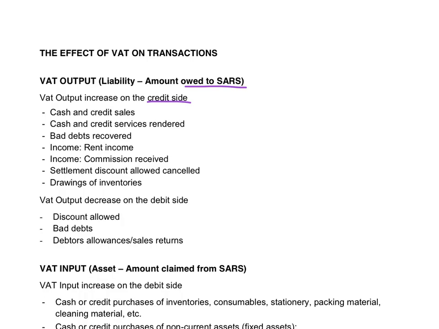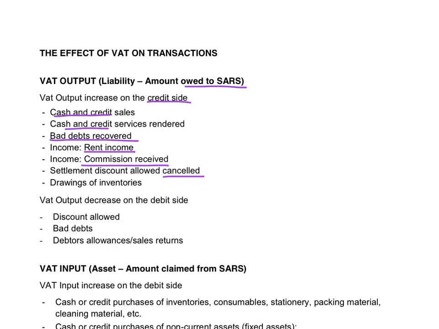The VAT output account will be credited when we sell goods for cash or credit, when we render services for cash or credit, when we recover bad debts because we wrote them off previously and now the people pay us, rent income, commission received, so any income that we receive, settlement discount allowed that is cancelled on a RD cheque, drawings of inventory.